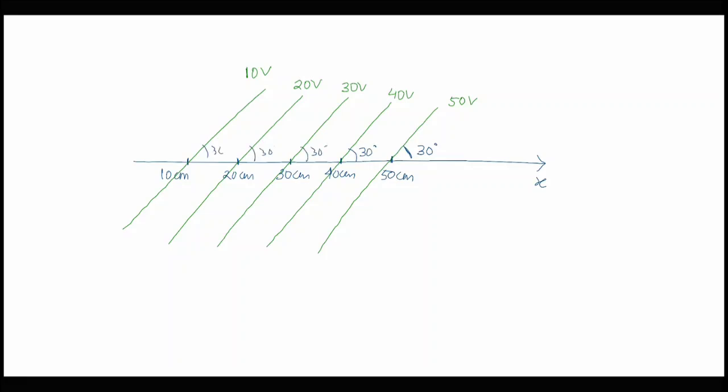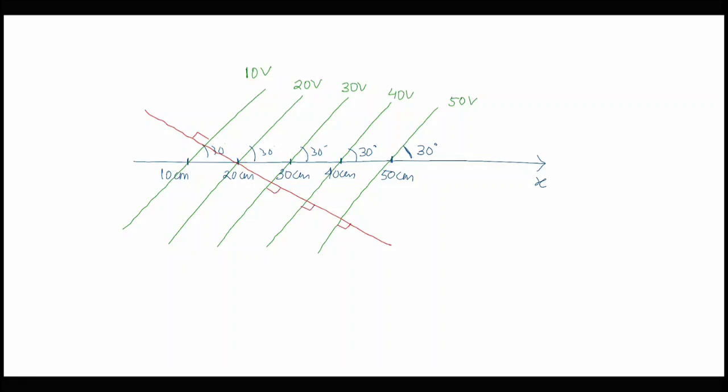If we use the concepts which we have learned, the first thing I can say is that the electric field lines are perpendicular to the equipotential surfaces. So they will be somewhat like this, that is, making an angle of 90 degree with each of these surfaces.